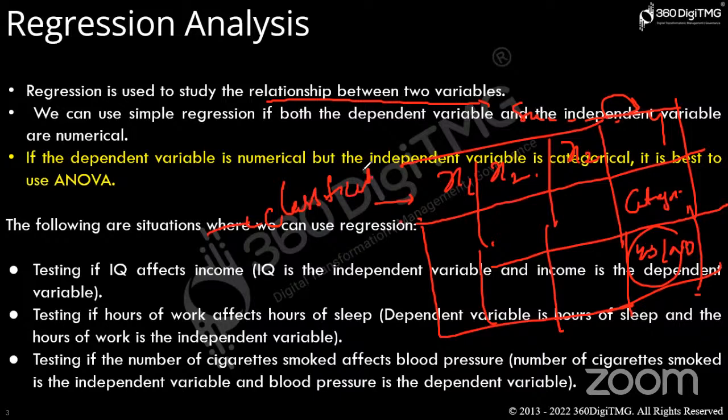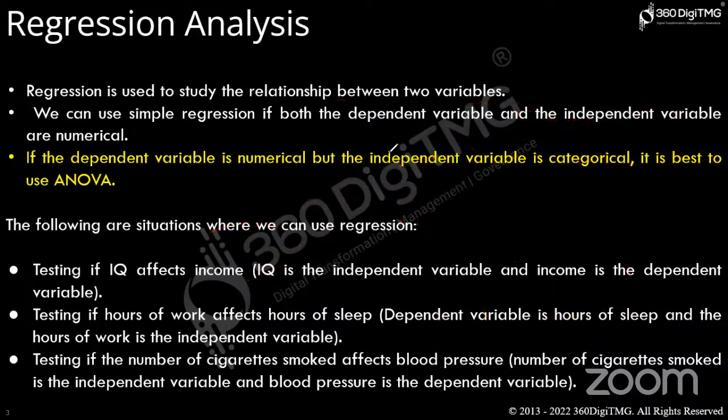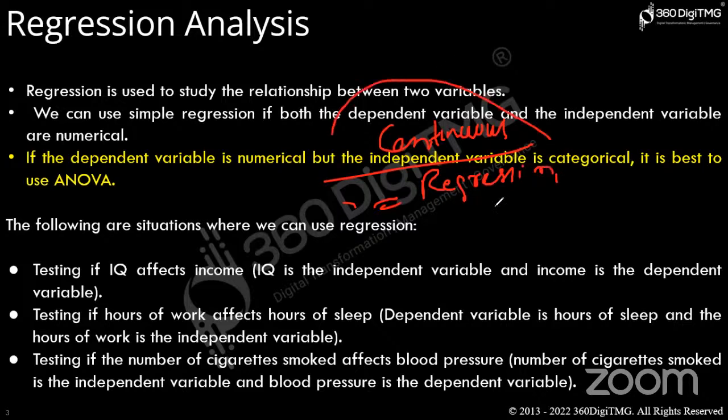Whenever you have a target column that is in categorical form, we will be going for classification. But whenever you have a target column in continuous form, we will be using regression.